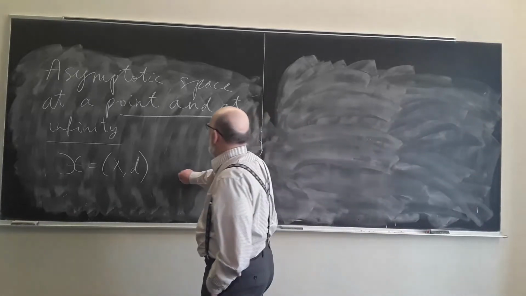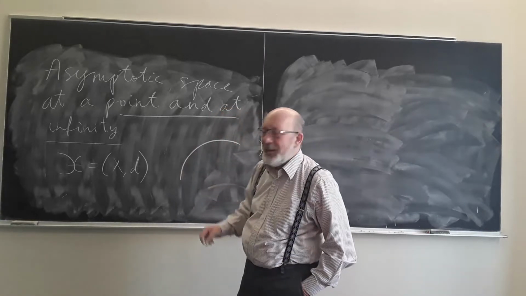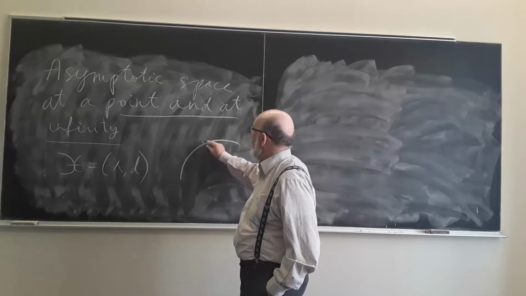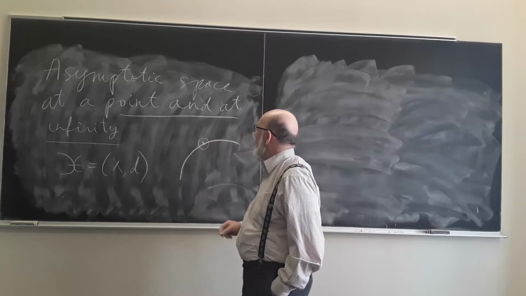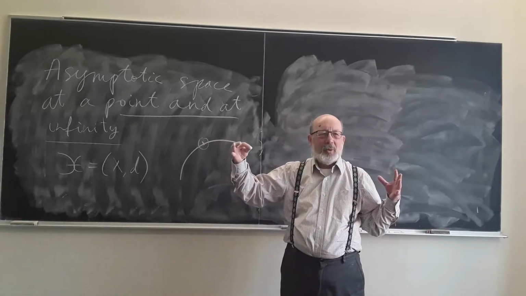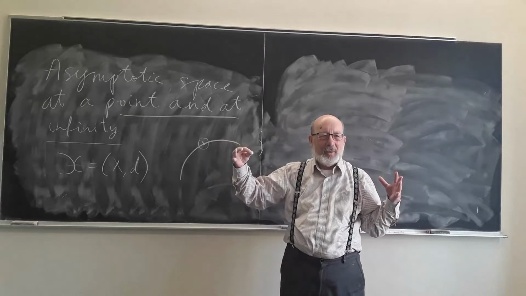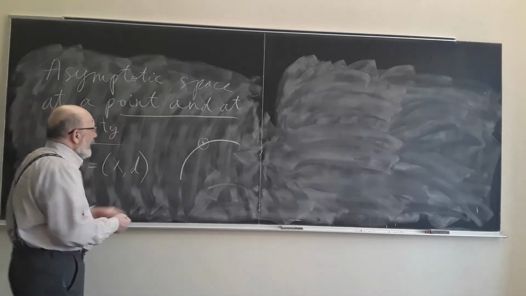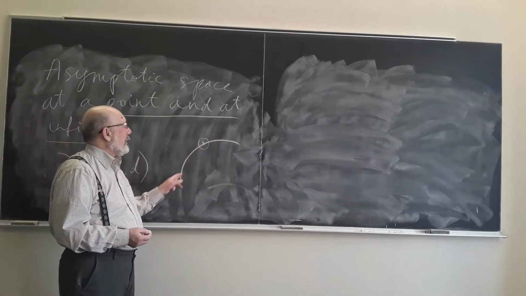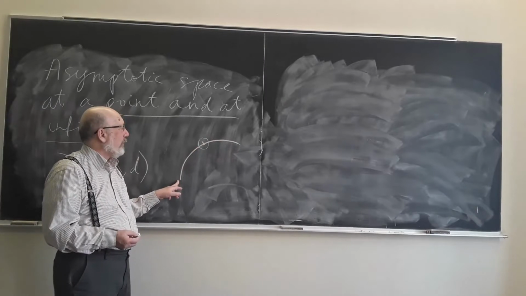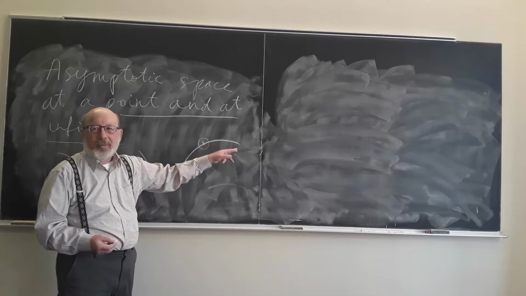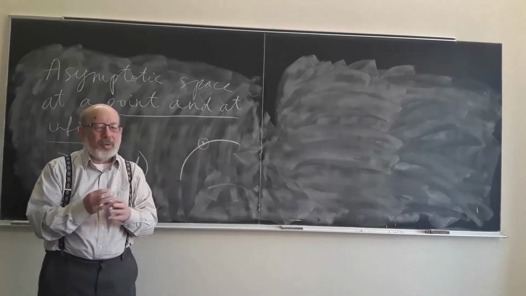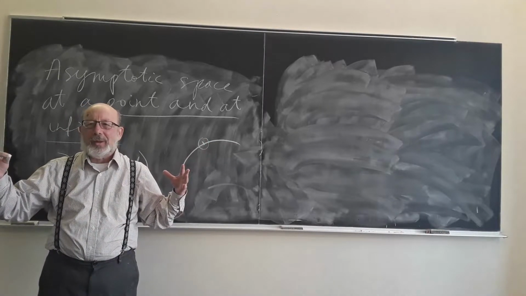For example, if you have a smooth curve, and take a point here, and we want to know how it looks near this point, we can take a small neighborhood and then inflate it, multiply it by some number. The idea is, let us take the non-standard extension of this curve, everything is non-standard, and let us take an infinitesimally small neighborhood and inflate it to a finite size.